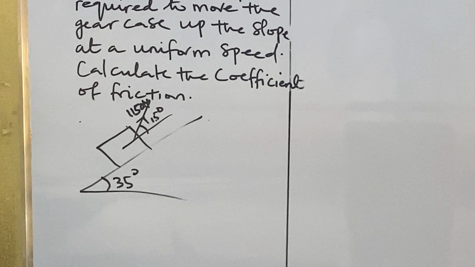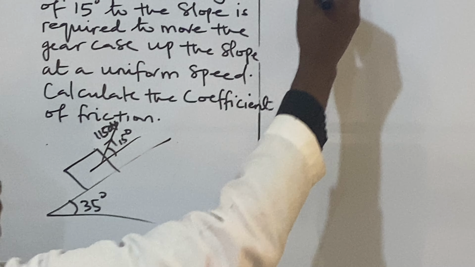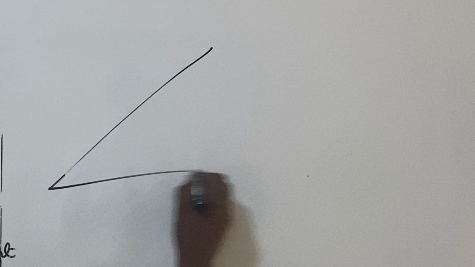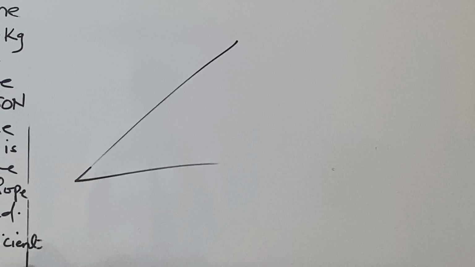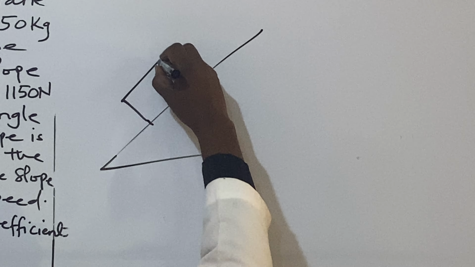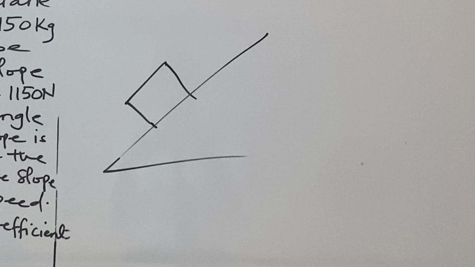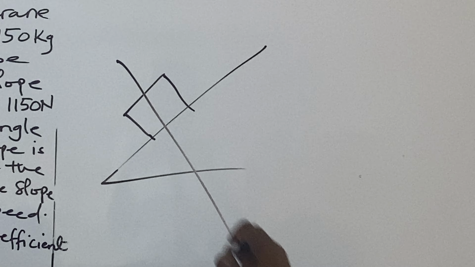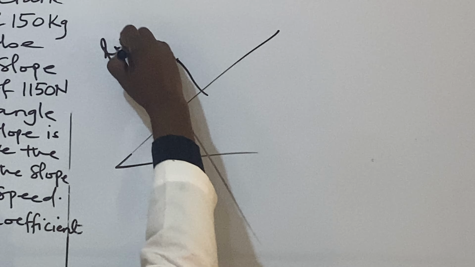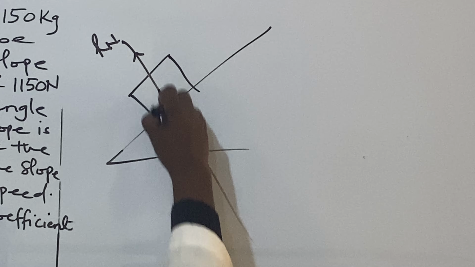Now I can resolve this into the force diagram. Let's draw a bigger diagram. This is the gear case, and I place it here. This is the normal reaction, R sub N. This is the weight acting downwards.